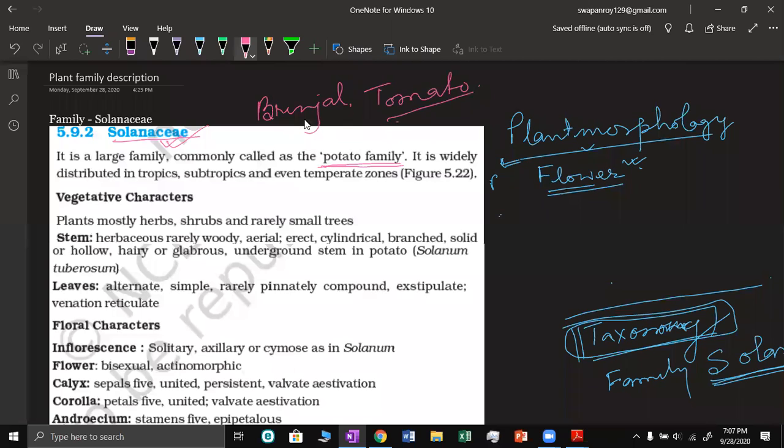Tomato, petunia. Petunia is a garden flower. Then datura. Datura is a wild plant which is also used as a narcotic. This is used for hallucination and other purposes, in a drug-like way. And there are many others. Some medicinal plants also belong to this, like belladonna.